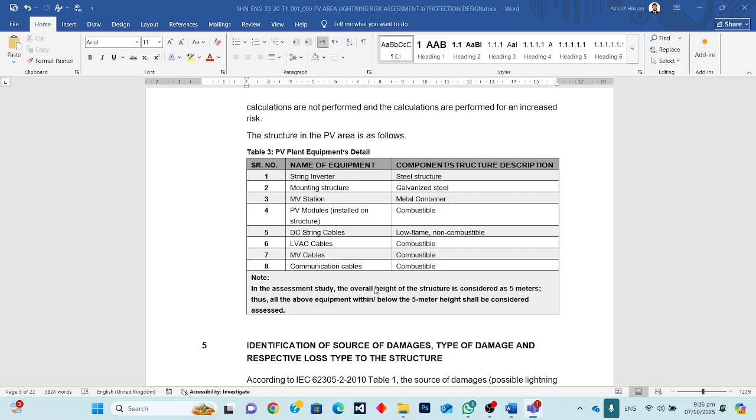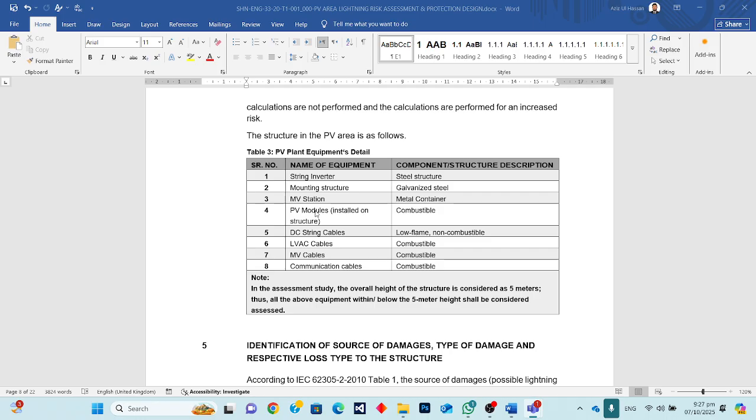They are in the zone where the lightning flashes. So we have considered the height of 5 meters, which is higher; the MV station is installed at around 3 meters, and the weather station is installed at 4.5 meters, around 5 meters. That's why we have considered the highest height.